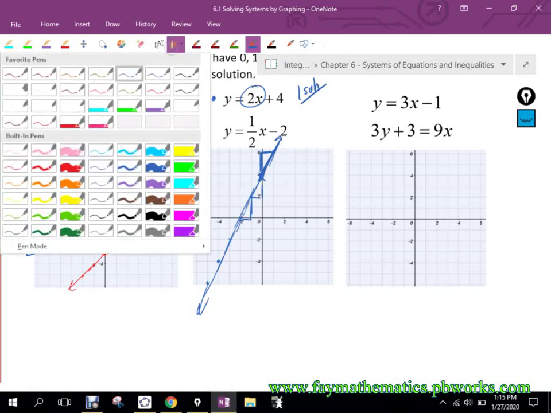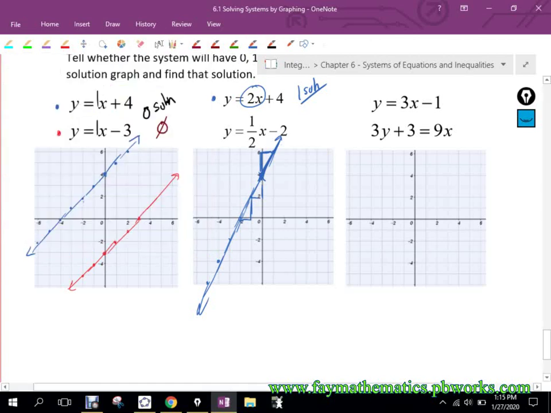The bottom one, what's your y-intercept there? -2. And now what's your rise or run? Up 1, right 2, up 1, right 2. Now here's my issue. If I do that, I got enough points there to create my line, but I'm not using a straight edge back here.